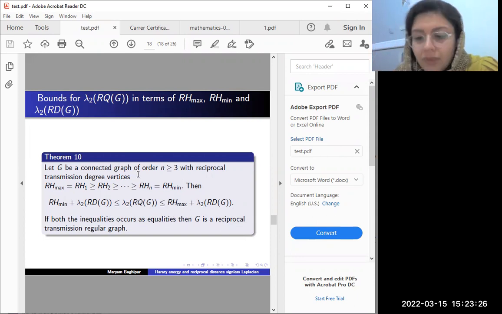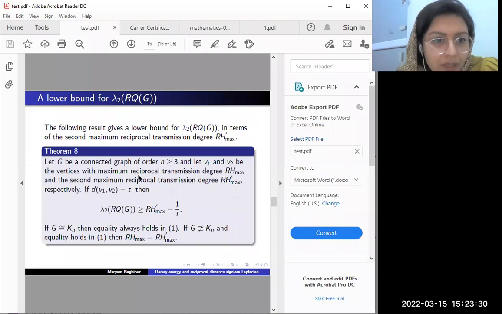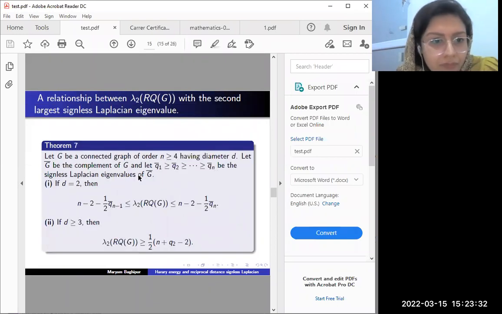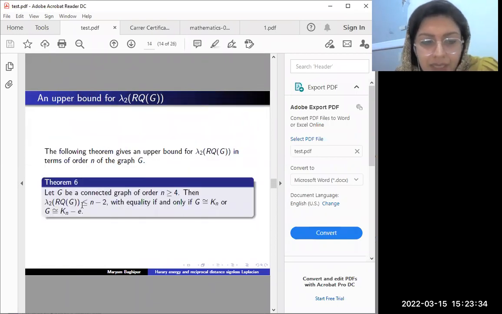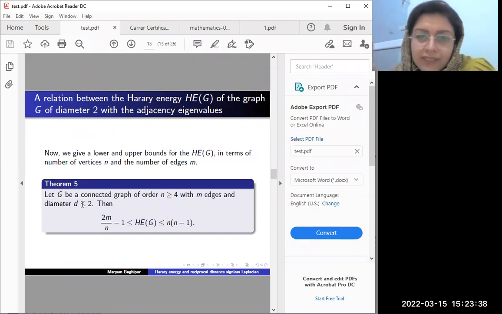For example, for a graph of diameter 2, the transmission for a vertex, for example i, the degree is the number of edges incident to the vertex i.